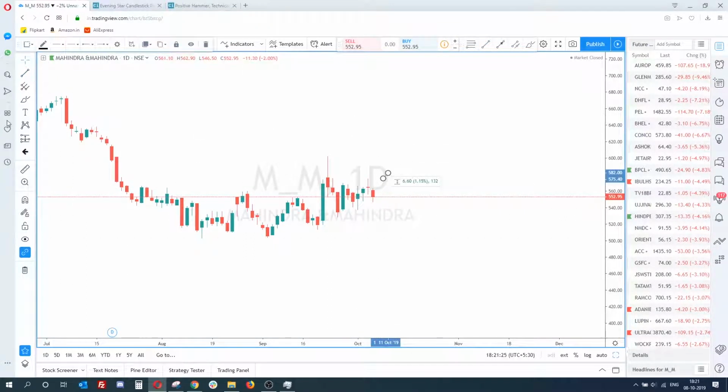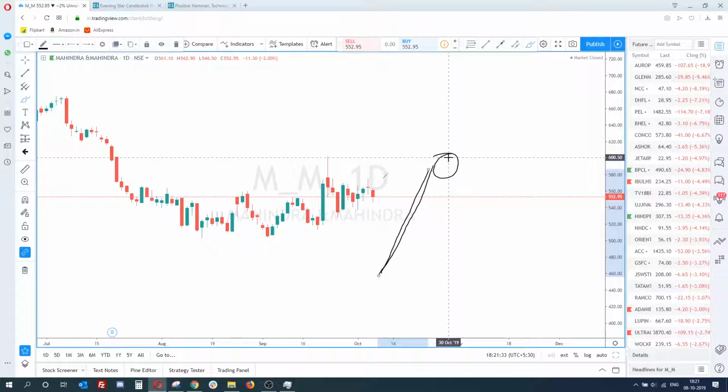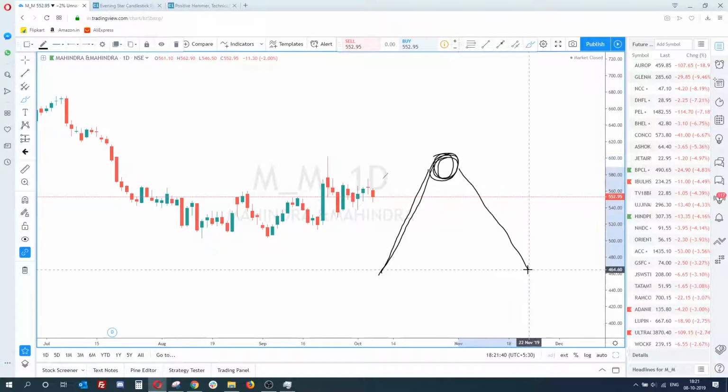The reason is that an evening star pattern happens only at the top of a trend. There should be a bullish trend, then an evening star pattern, and then there will be a sell off.